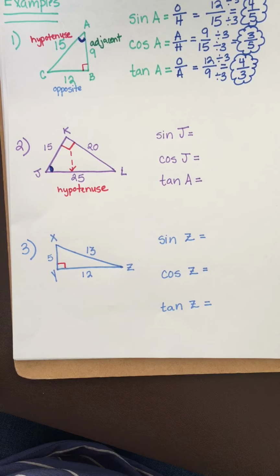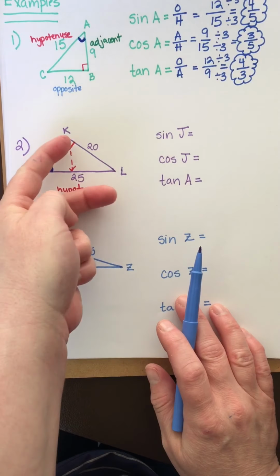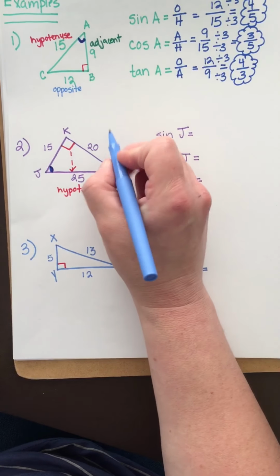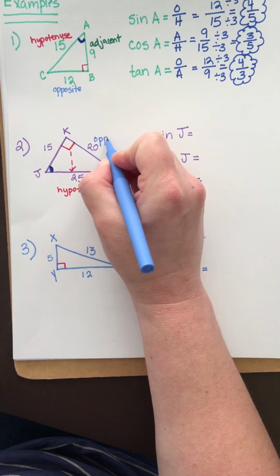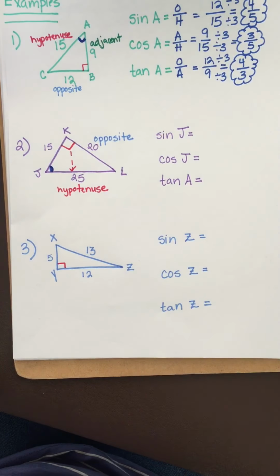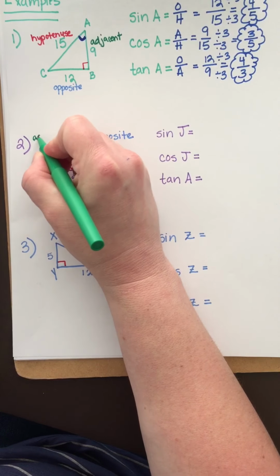The opposite side is the side that's not a part of this angle. So here's angle J. The side that's not a part is 20 units long, so this will be my opposite. And the side that is a part of the angle, and is the only side left, is my adjacent side.